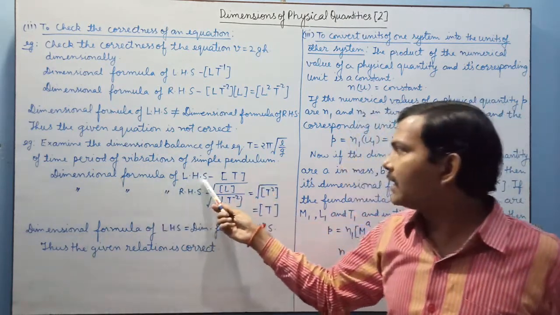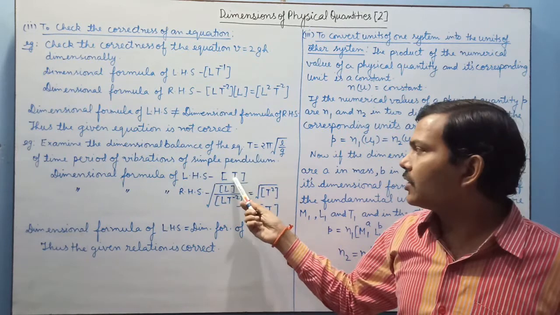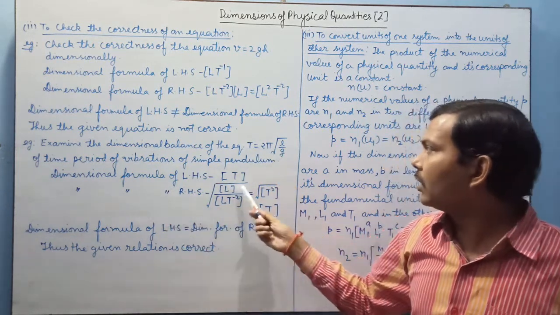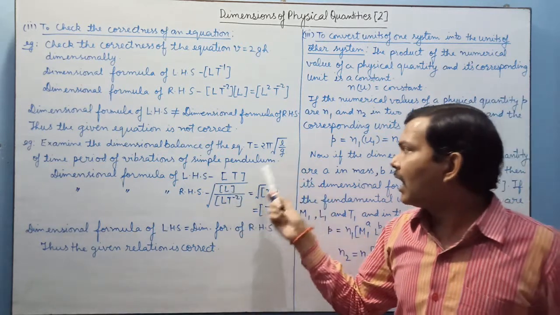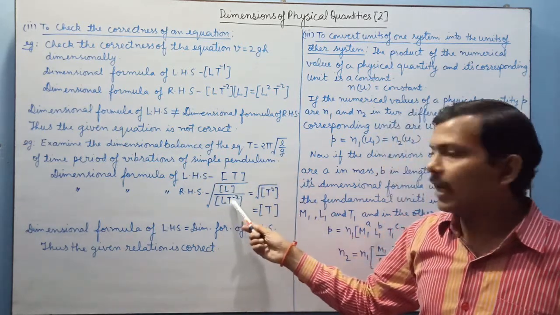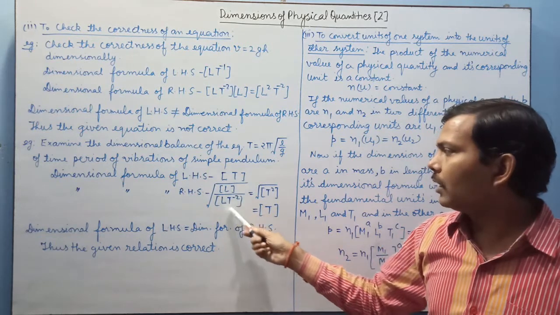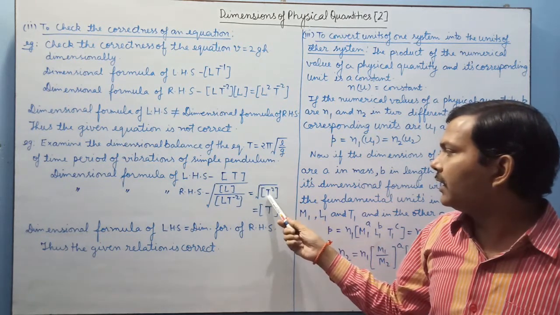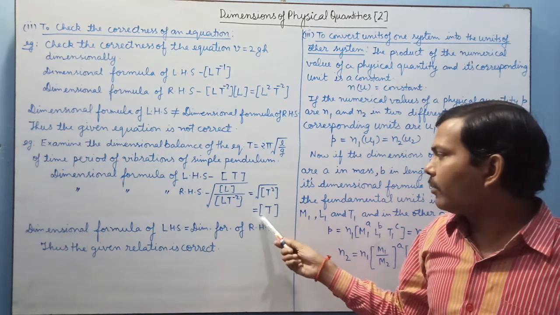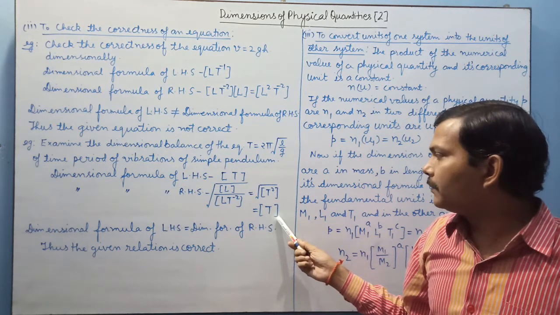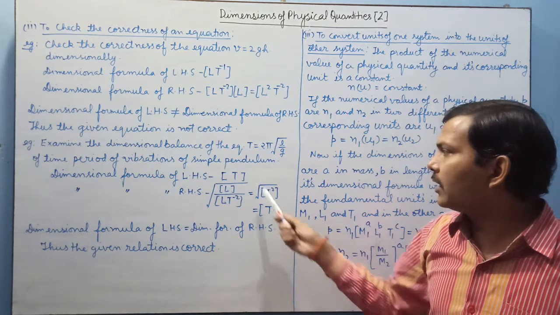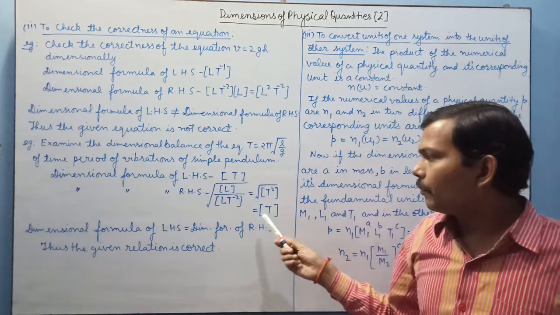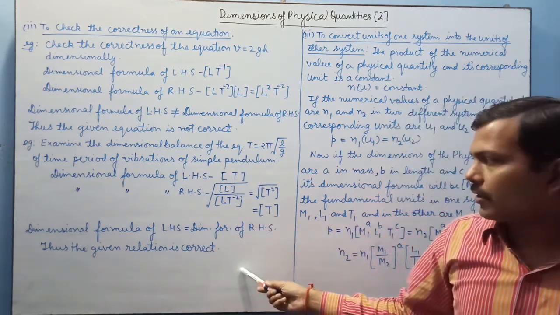Dimensional formula of LHS, time period, it is T. Dimensional formula of RHS, it is under root, length is L, and acceleration due to gravity L t^-2. Solving this equation, we get under root t square, or we may obtain T. You can notice that the dimensional formula of both the sides of this equation is same. Thus the given equation is correct.